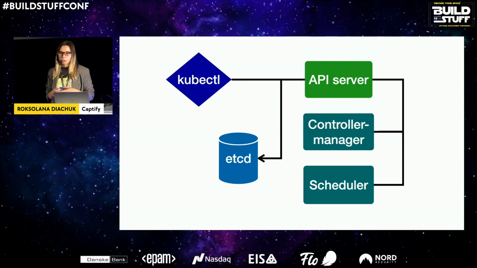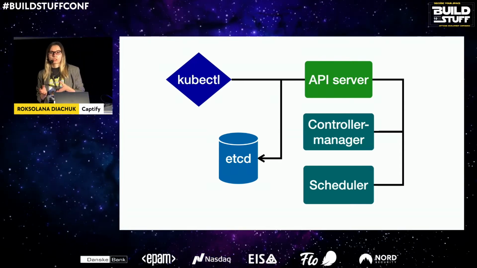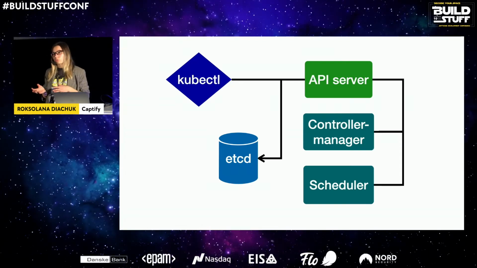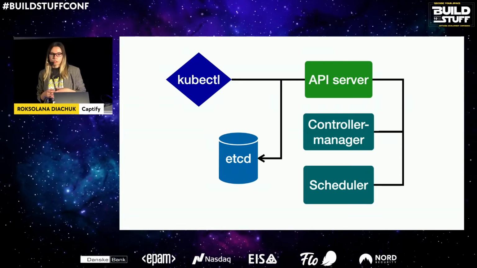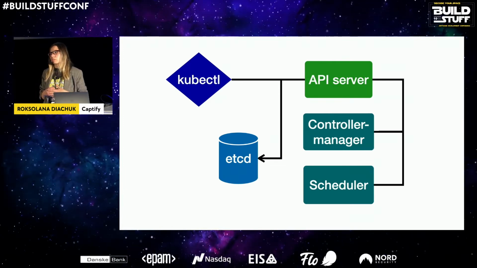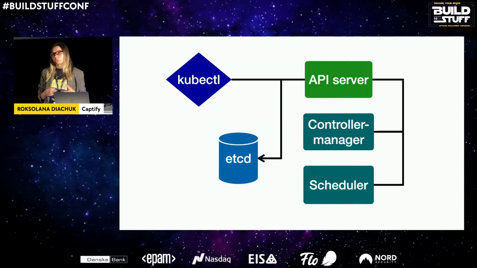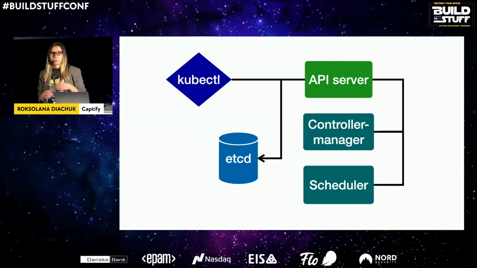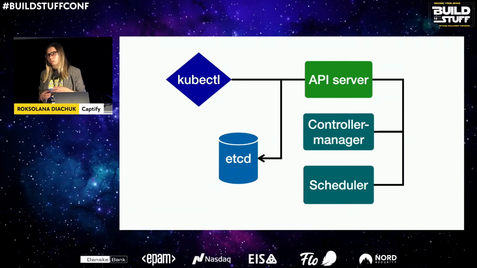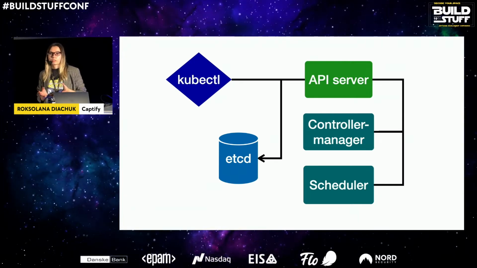The next one would be controller manager, and the main purpose of controller manager is checking the desired state against the actual one in our system. So it helps to provide this declarative nature of Kubernetes. Desired state is something that we define in YAML files or in our commands, for example, the number of pods, the objects that we want to have on our system, and the actual one is basically what it is at a specific moment.